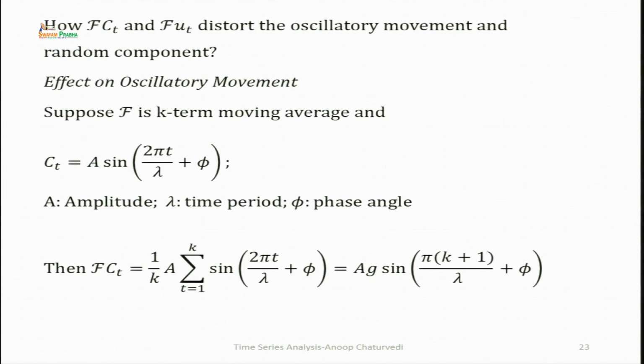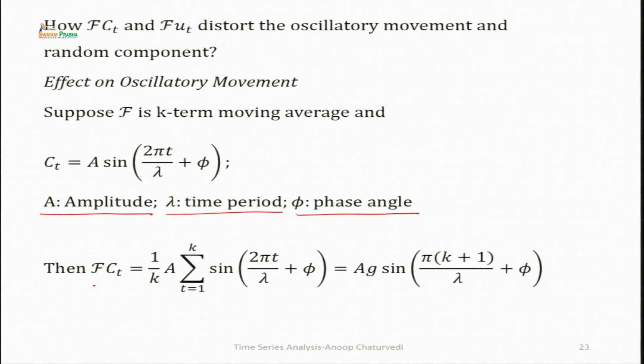So, suppose f is the k term moving average and C t is equal to A sin 2 pi t upon lambda plus phi. So, the oscillatory movement has amplitude A, lambda is the time period and phi is the phase angle.